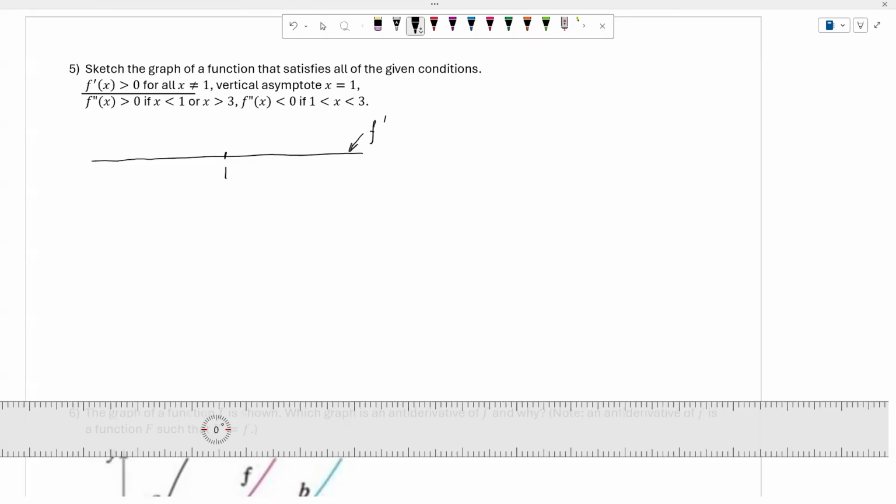Now I write down 1 here, and to the left and the right of 1 it is all positive.